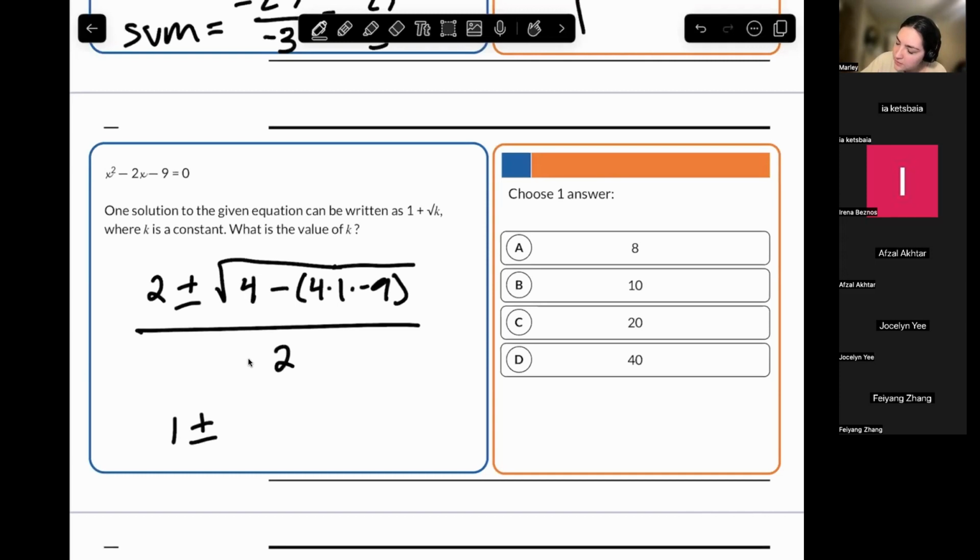Yeah, because that'll be 4 plus 36, which is root 40. Just for the purposes of this, we're able to simplify the 2 over 2 as 1. On the inside, we're getting 4 plus 36, so we're getting 40.